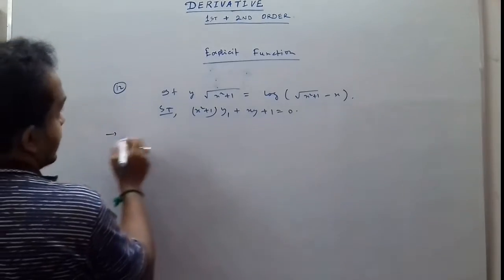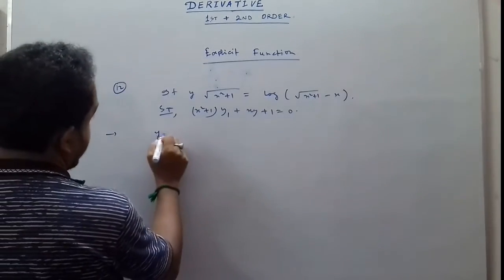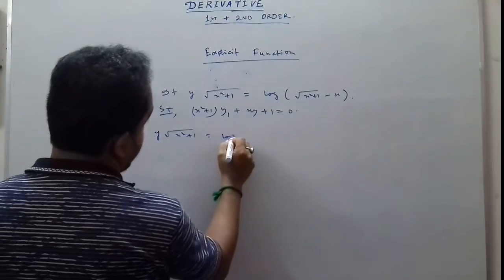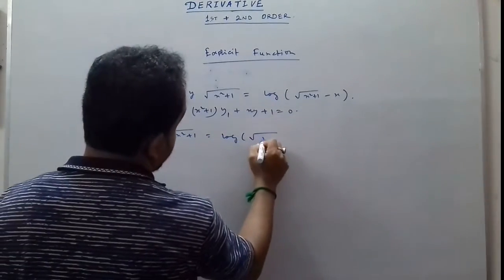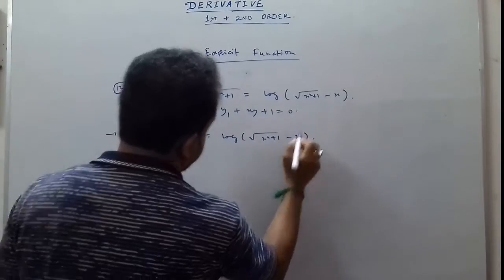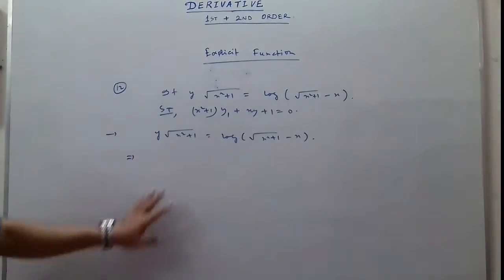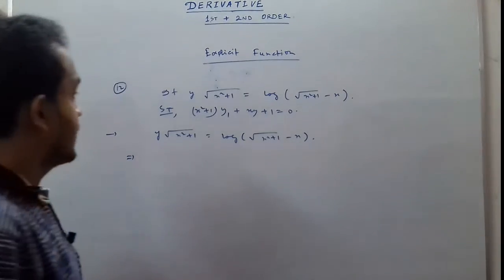So what is given? The given function is y into root under x square plus 1 is equal to logarithm of (root under x square plus 1 minus x). Now it is a function, the given condition.